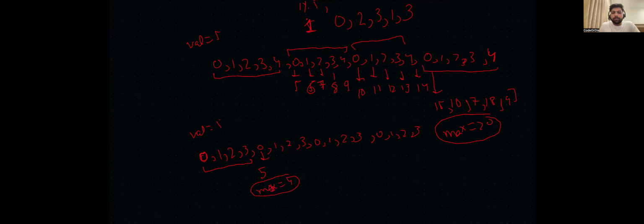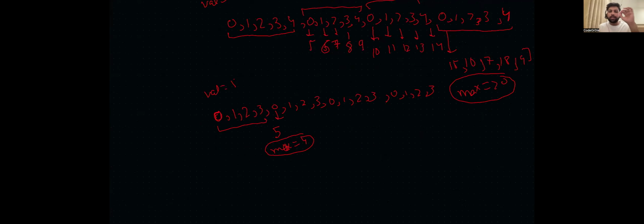So what I'm trying to say is, let's say you had your array nums, you had some elements, you calculated nums[i] % value, you had another vector temp, and in this temp vector you stored the nums[i] % value.